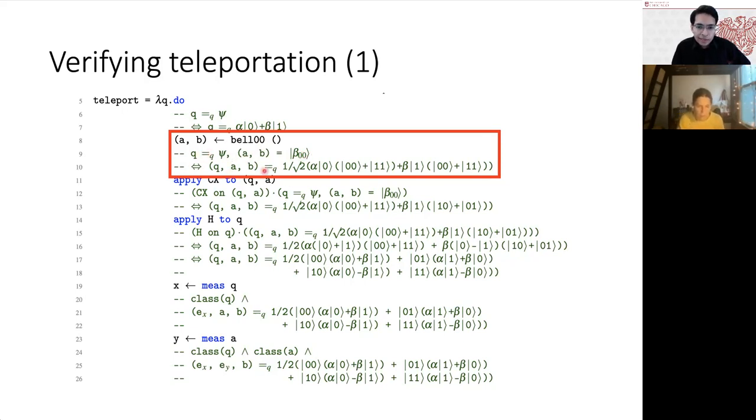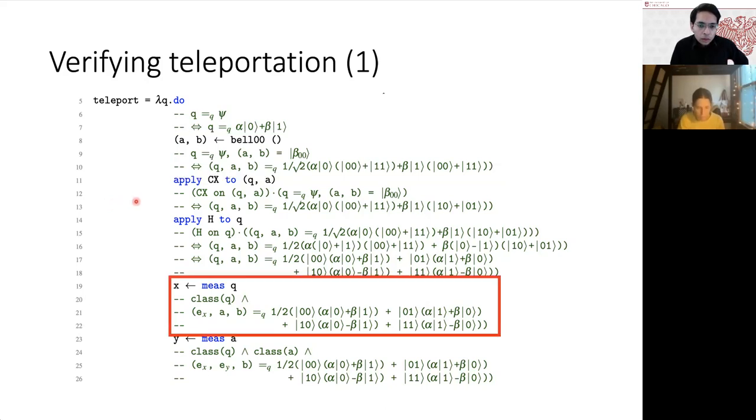And again, there's a rewriting step involved that we can do, doing the tensor product of these 2 vectors and getting a symbolic representation of the complete state. Now, the application of CX and H are as before. They will be applied and these symbols will change accordingly.